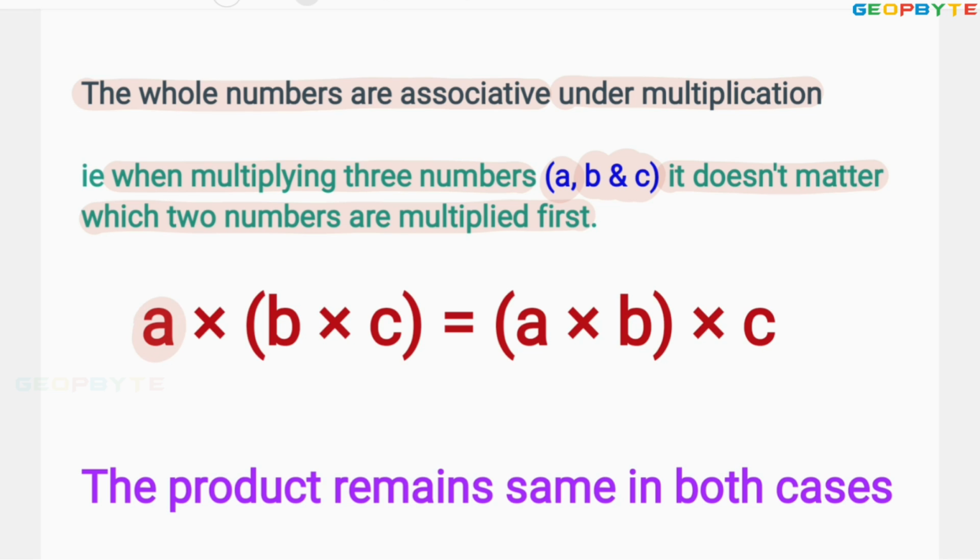It means (A into B) into C equal to A into (B into C). First, we multiplied B and C. That value is multiplied with A. In the second case, A and B is multiplied first. That value is multiplied with C. The product remains same in both cases. So the conclusion is the whole numbers are associative under multiplication.